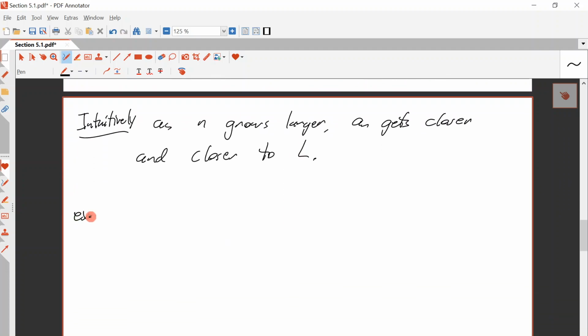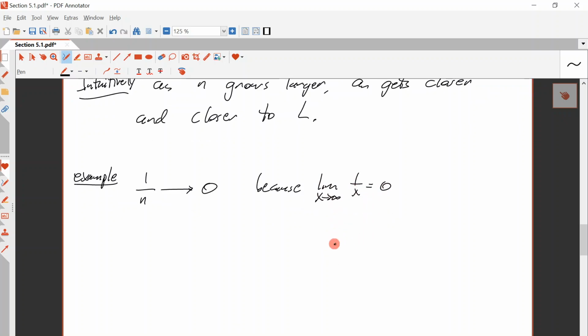So, for example, here's a standard one: 1 over n, the sequence 1 over n. What does that converge to? Well, we know that goes to 0 because we know the limit as x goes to infinity of 1 over x is equal to 0, as a function defined on all real numbers x. We've seen this before.